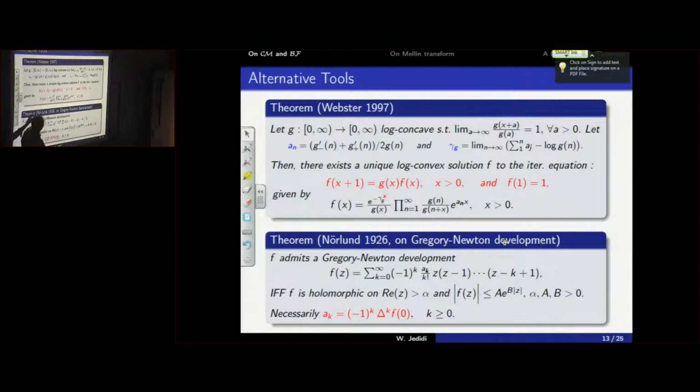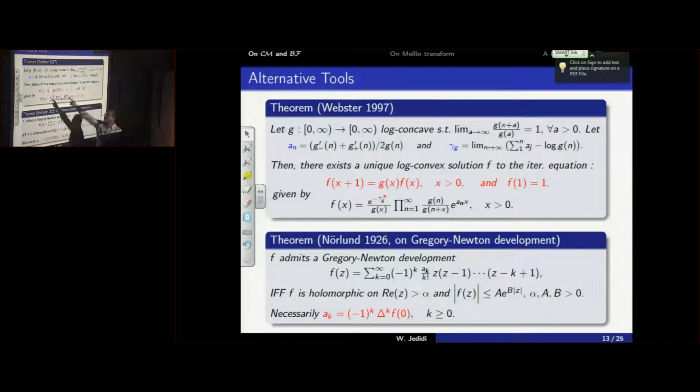When you have a difference equation, everything comes from the delta and theta operators, and after applying the log, etc. When you have a difference equation like this, that means that if you start from a function j, which is log concave, and which satisfies easily obtainable conditions, j should be slowly varying at infinity.